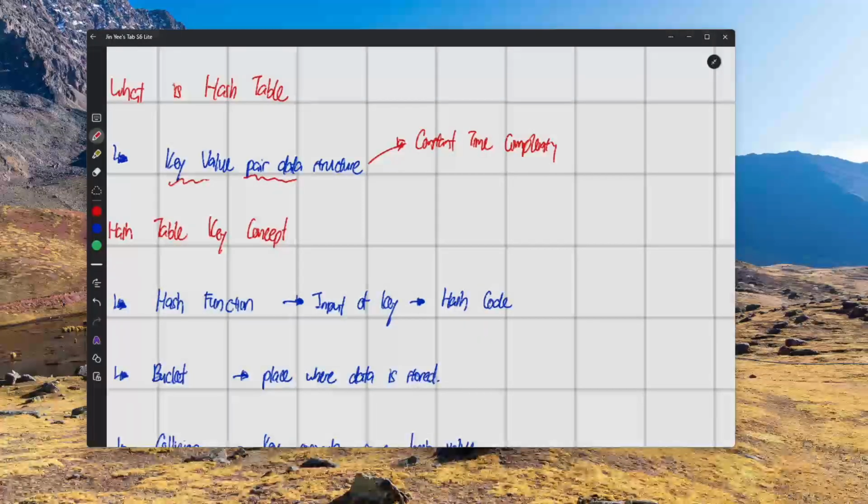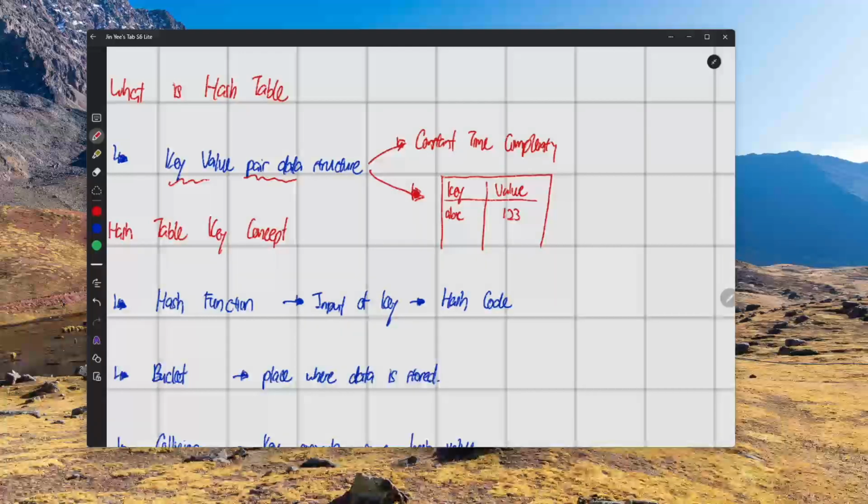Okay, so what is meant by key value pair data structure? It means you will have a key, a unique key, which maps to the address of your value. For example, a key like ABC, and then you have a value like one, two, three.